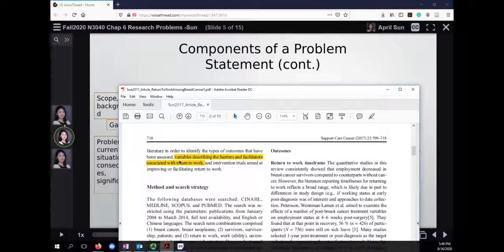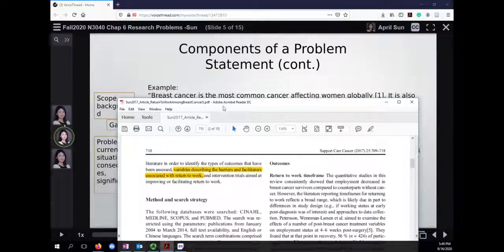The purpose statement is to identify the variables describing the barriers and facilitators associated with return to work. That's basically a statement about the purpose, that is to identify the factors that associate with return to work.